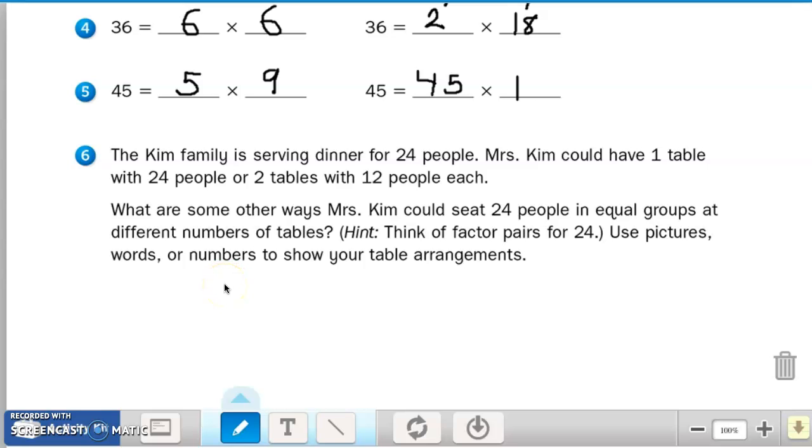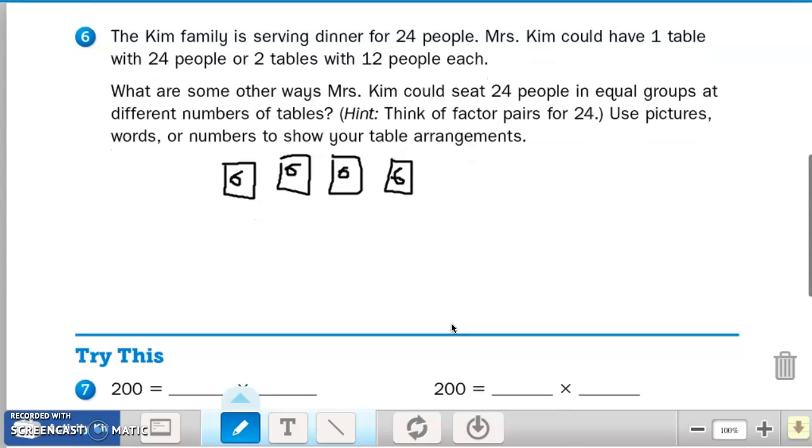So actually, she could have 4 tables, and she could have 6 people at each table. 6 plus 6 is 12, plus 6 plus 6 is 12, and 12 plus 12 is 24. So there you go. This is another way she could seat 24 people.